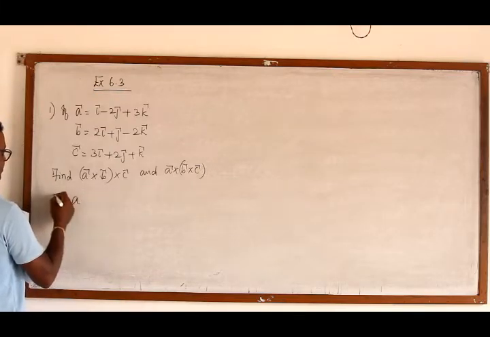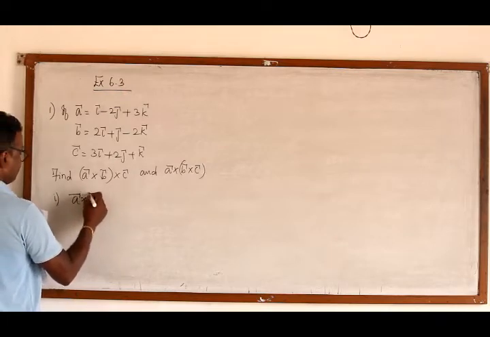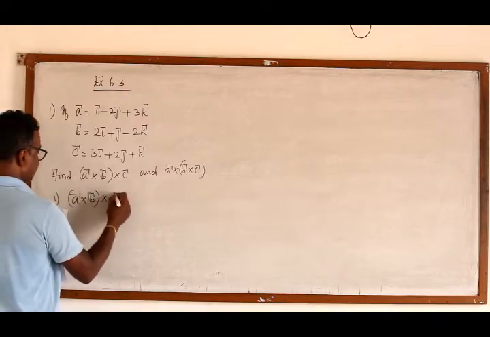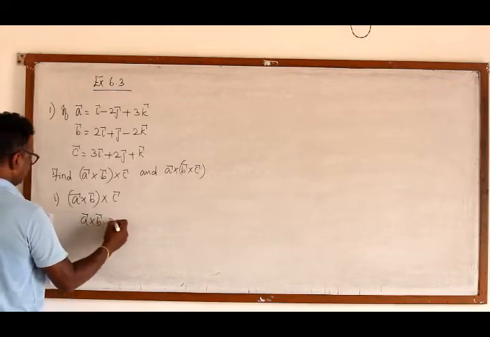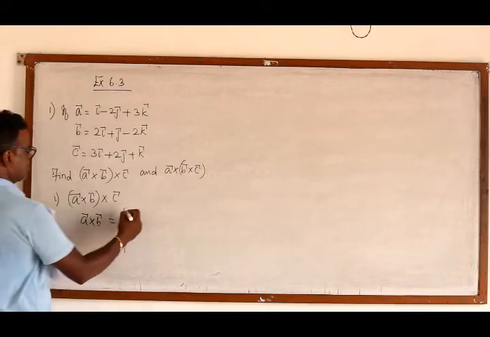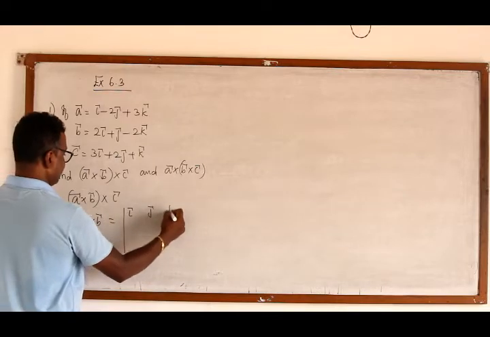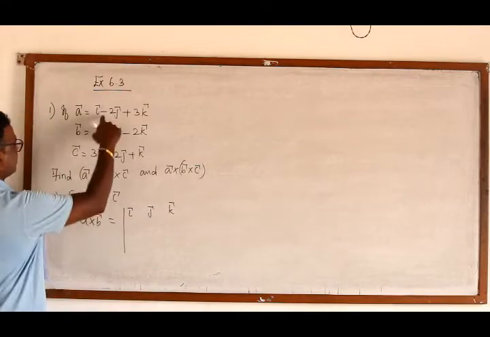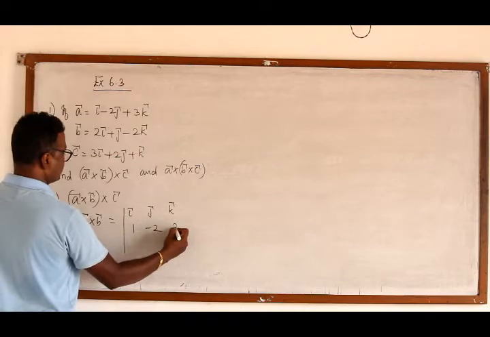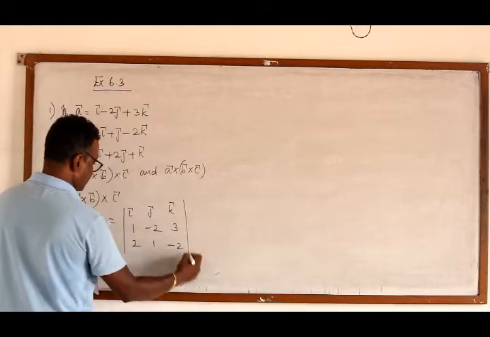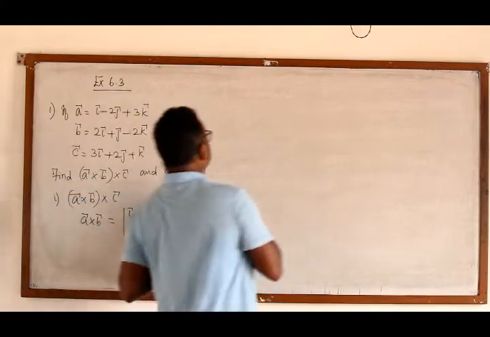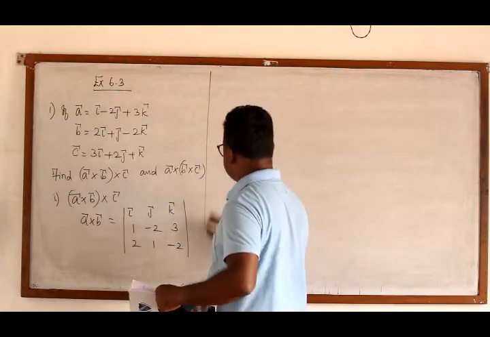So first one, (A cross B) cross C. Now we shall find the bracket first, A cross B. Cross product means determinant, so it is i, j, k. A vector is coming first, so 1, minus 2, 3. B vector, so it is 2, 1, minus 2. We should expand this.